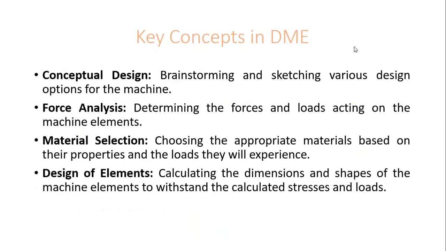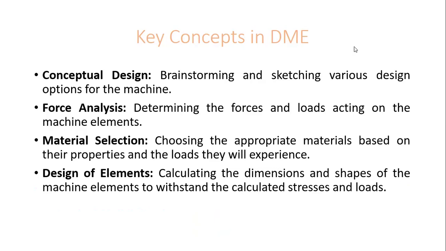Perform brainstorming analysis and sketch various design options for the missions in order to bring out the most optimum solution. Then do force analysis. Determine the forces and loads acting on the mission elements. Then material selection. Choose the appropriate material based on the properties and loads that it will experience. This is the next step after force analysis.